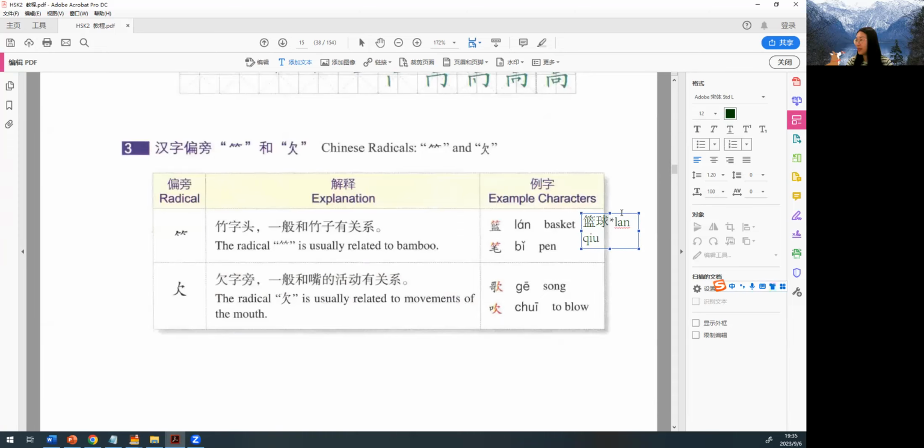And this radical here, see, 歌, song, 吹, to blow. It's really related to movement of the mouth. I want to find an example that's not related to the mouth, but it probably takes a lot of time. So let's continue.